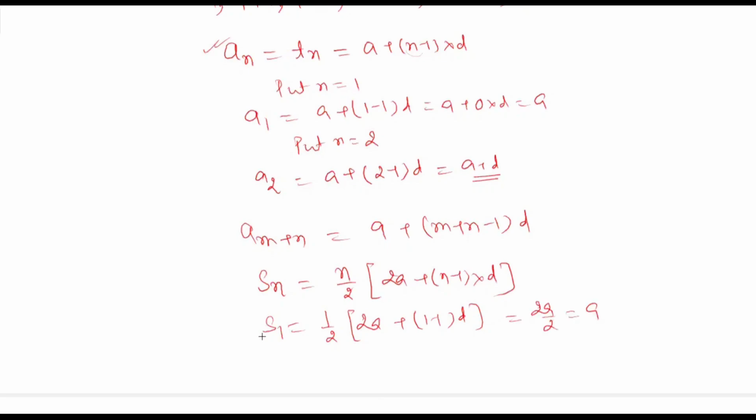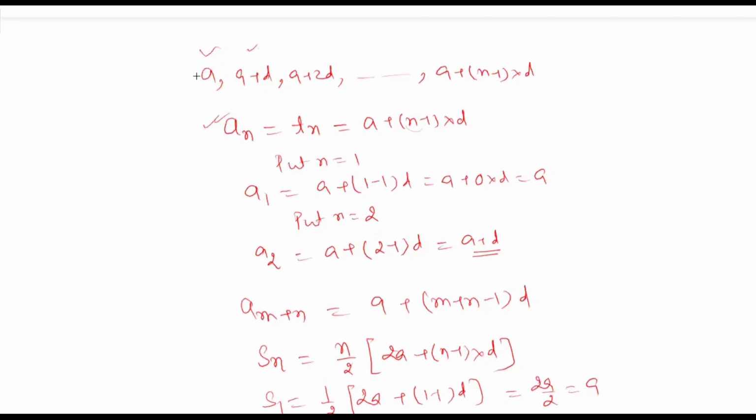So the sum up to the first term is actually the first term itself, while S2 will give you the sum of the first two terms, meaning you put n equals 2. So this will give you 2 by 2 into 2a plus 2 minus 1 into d. This cancels out. This is going to give you 2a plus d. And why is that? Because this is a and a plus d. If you sum it up, this will be 2a plus d, and so on and so forth.